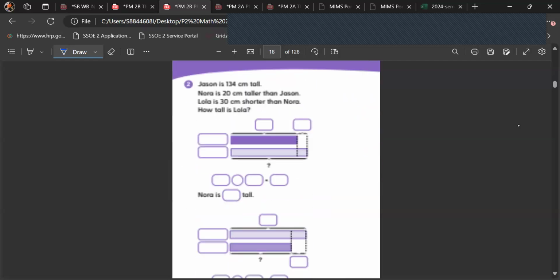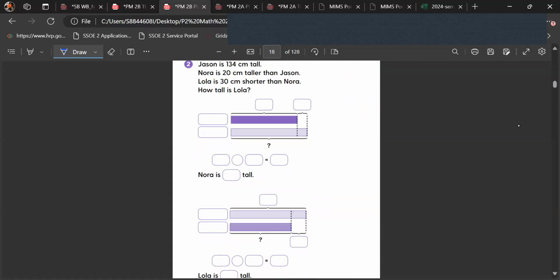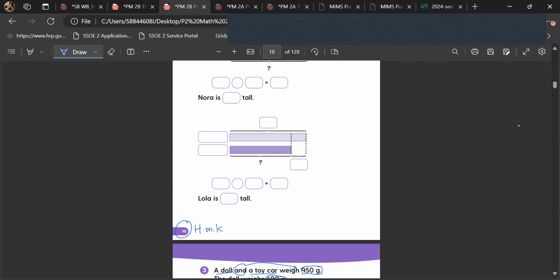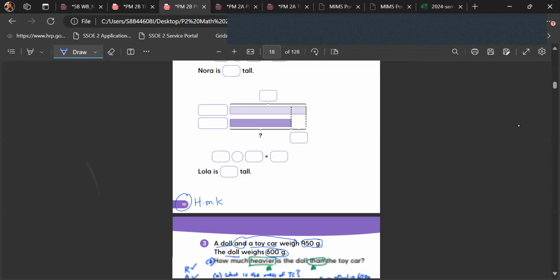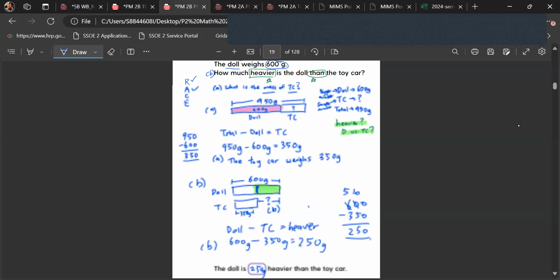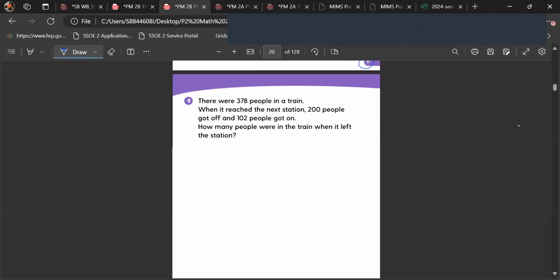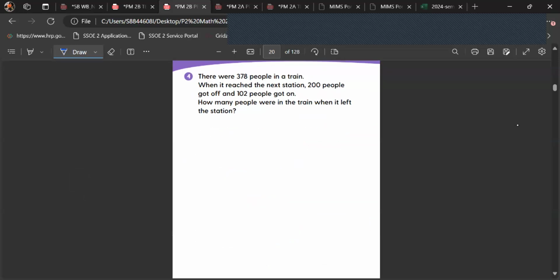Have you circled page 10? Page 10 on Jason, Nora, and Lola. Okay? Yes, Friday, Saturday, Sunday, Monday. One day do one question, 4 pages. Not a lot, right? And actually we went through 2 questions in class already, the train question and the fish nugget question.